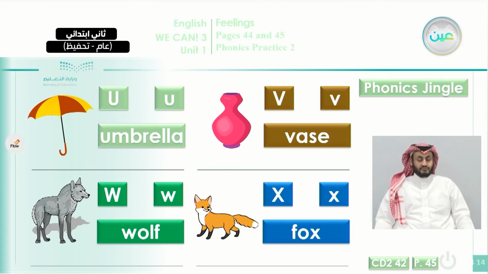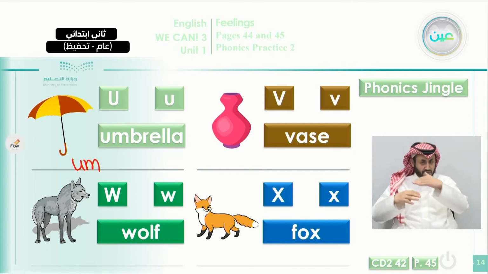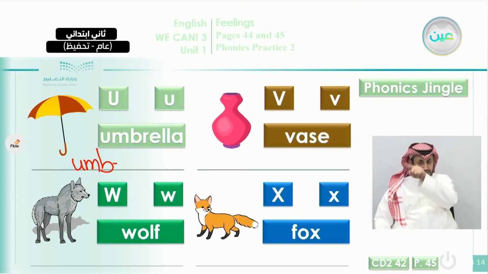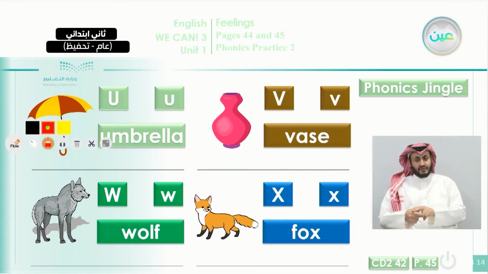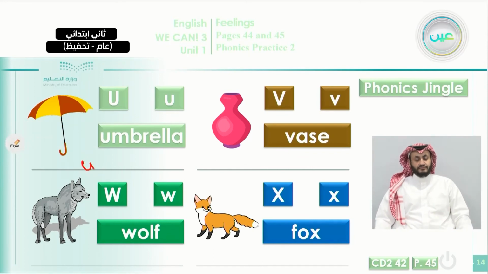Okay, let's try practice writing now. So umbrella is to be written like this: U-M-B-R-E double L-A.